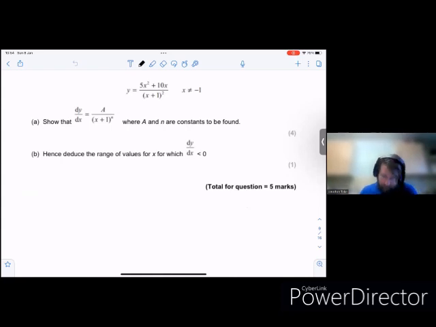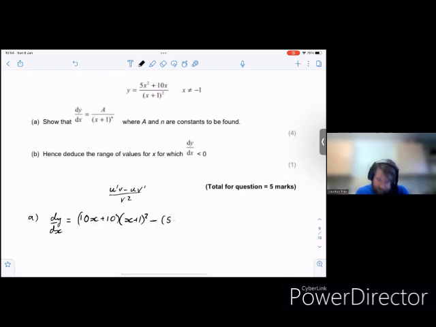Okay, next question. We've got a quotient rule here, so we are looking at u dash v minus uv dash all over v squared. So dy by dx equals u dash, which will be 10x plus 10, multiplied by v, minus uv dash.